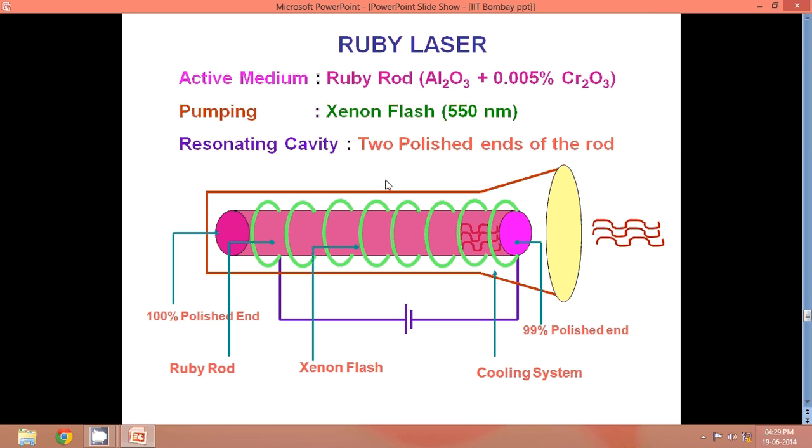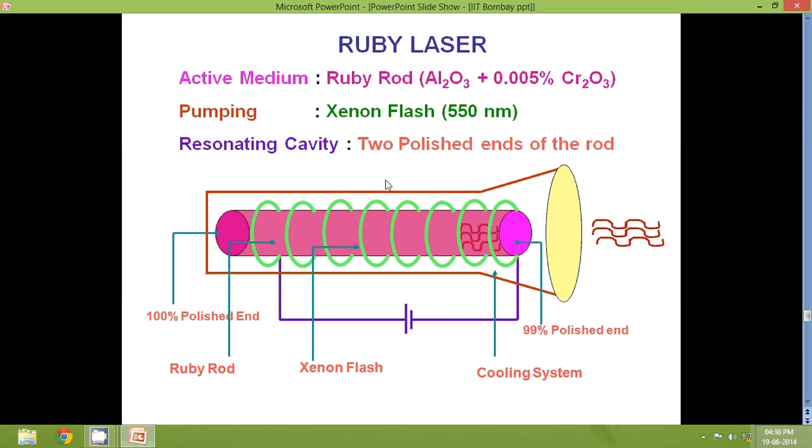Let us look at the ruby laser. We have seen that the active medium is the first component of a laser system, and the ruby rod is the active medium. The ruby rod is a combination of Al2O3 and a small percent of chromium oxide. Here Al2O3 is the host and chromium is the active center.